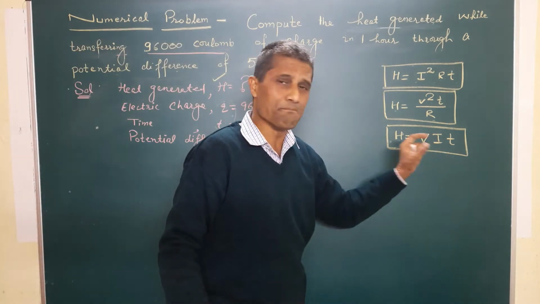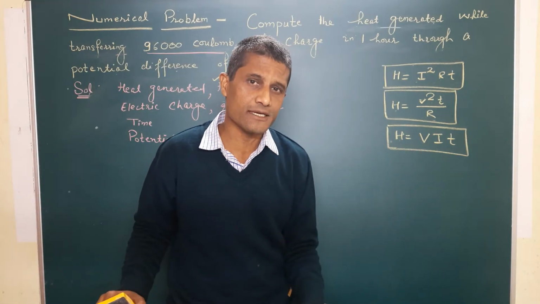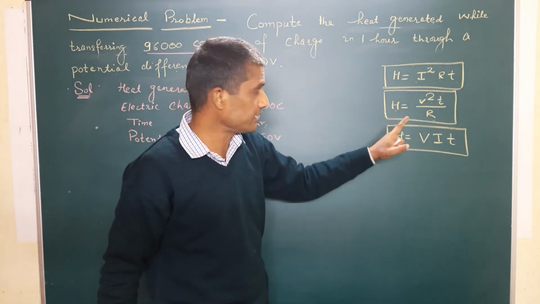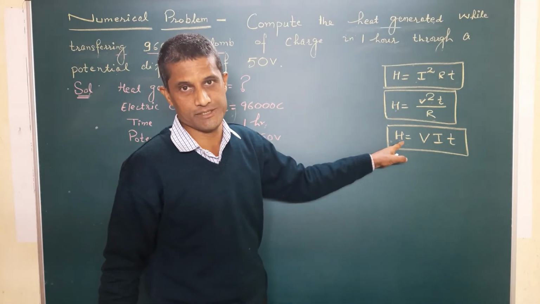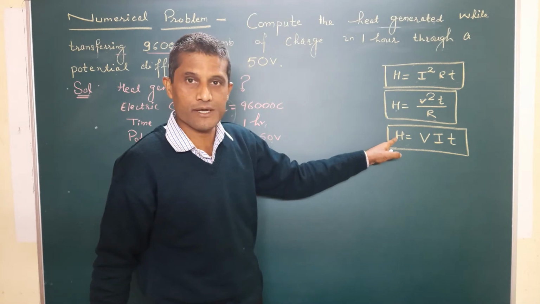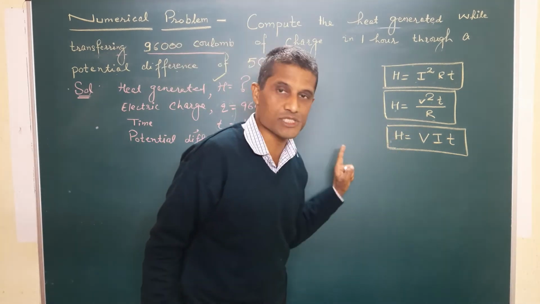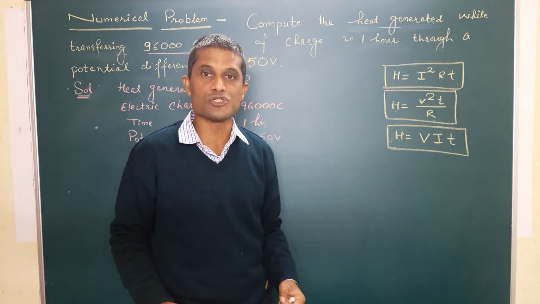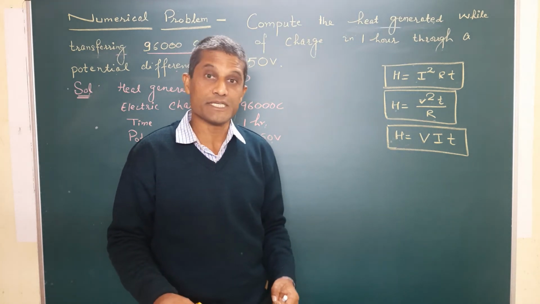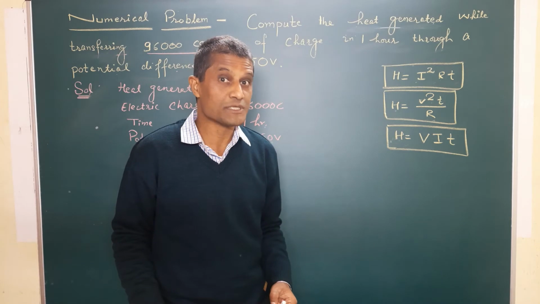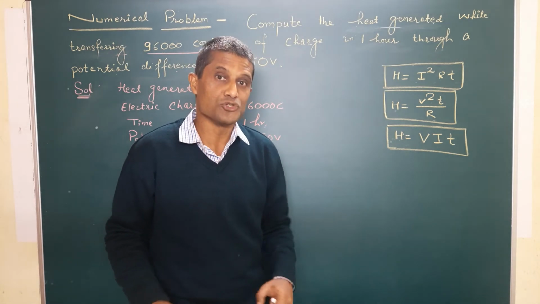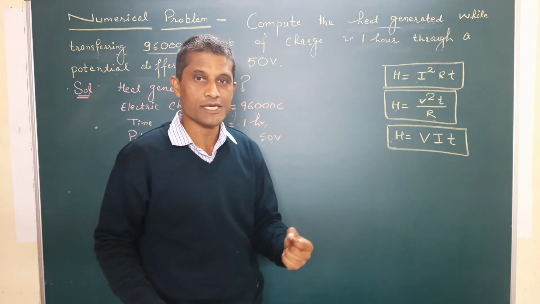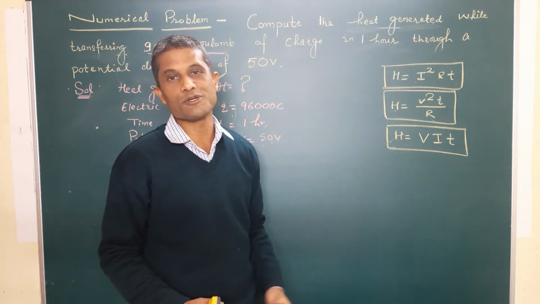By merely finding I, we can use this formula straight away and then we will have H. That's what we are going to use here, because in the examination hall it is not only the solution but also the time which is of greater importance. So you need to manage the time so that you can quickly get through this numerical problem.